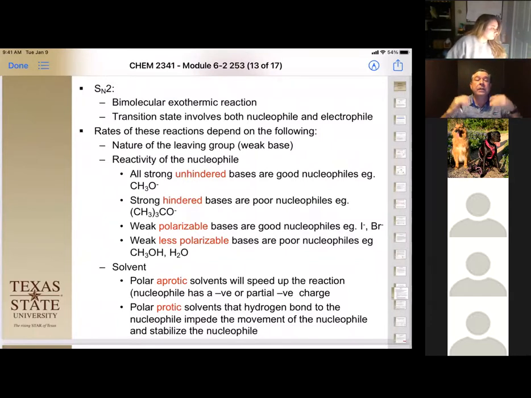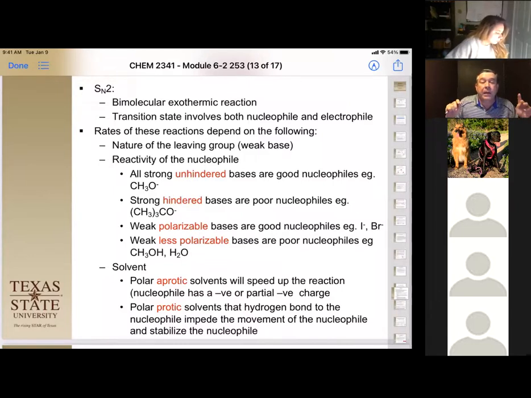It's also the nature of the leaving group. Whichever ion is the weaker base is the one where the direction of the equilibrium will lie. So you look at your pKa's and you find out, and then you take 14 minus the pKa, whichever one is the higher number, the pKb, that's the weaker base, and that's the direction your equilibrium will lie.